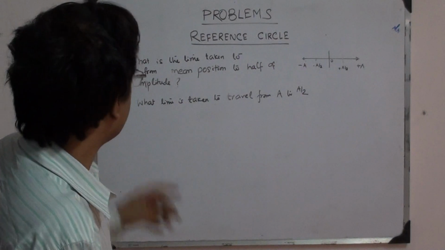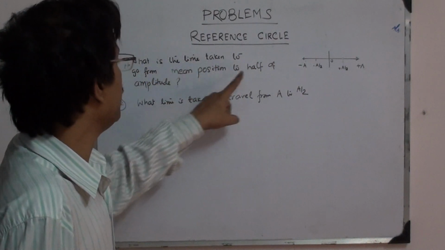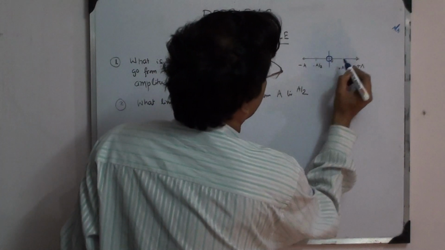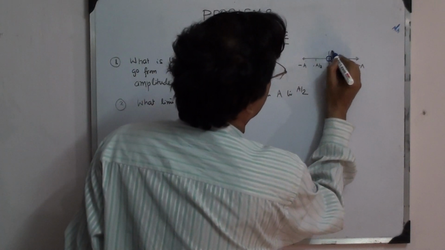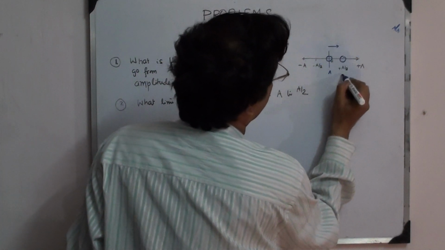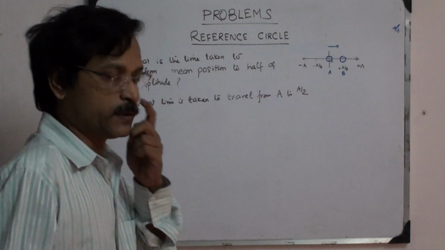The first thing you notice is what is the time taken to go from mean position to half of the amplitude. This is the mean position and this is half of the amplitude. So as the body is going like this, what is the time taken from say A to B? That is the question.